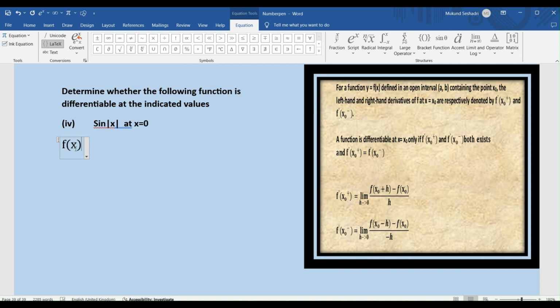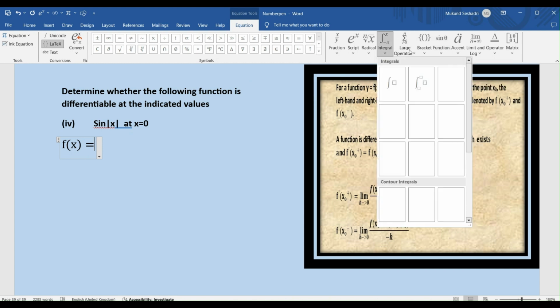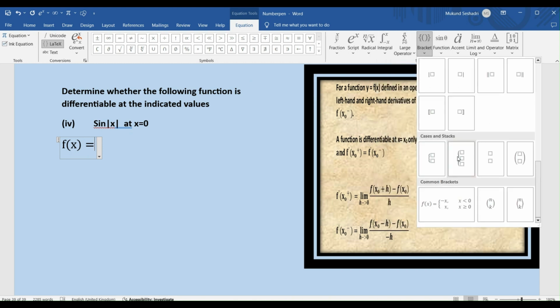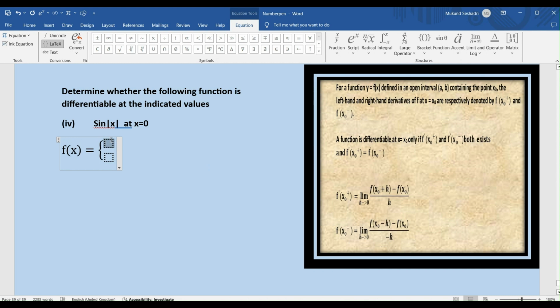f of x, for x greater than or equal to 0, my mod x is x. So I have my sine x for x greater than or equal to 0, and then my mod x becomes minus x for x less than 0.